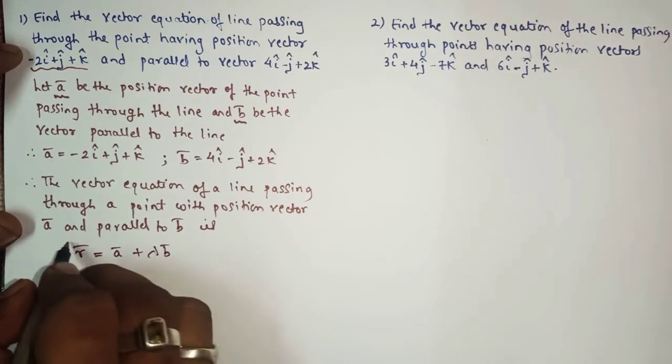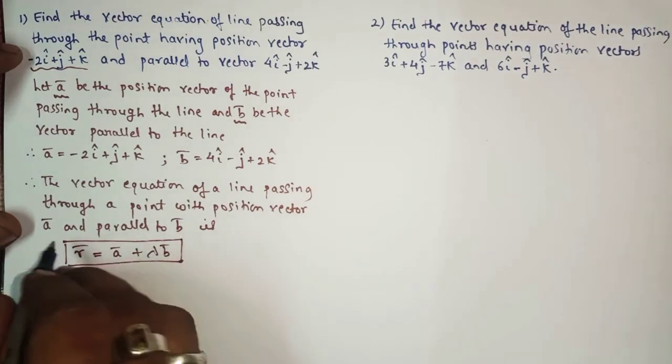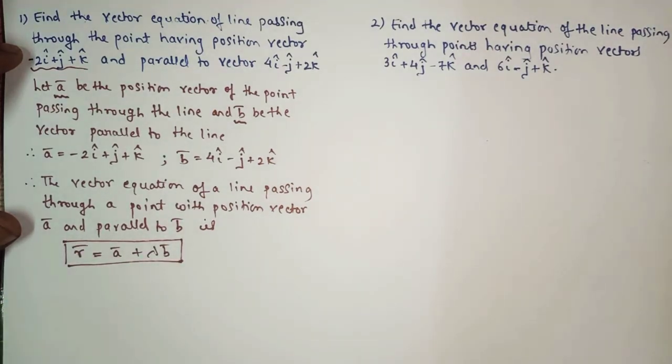Yes or no? This is the formula when a line passes through a point with a position vector and is parallel to the given vector.